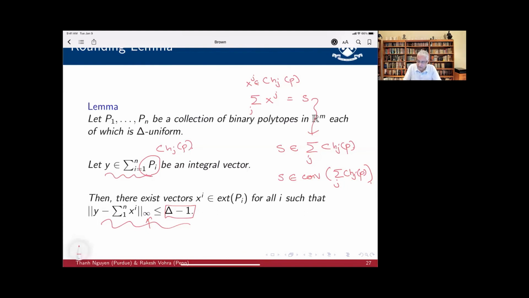Then I can find a bunch of vectors that live in the extreme points of your choice correspondences, whose sum approximates y. In this sense, it approximates in the L infinity norm. Now, what we are using to get this result is the fact that these choice correspondences have small edge lengths.